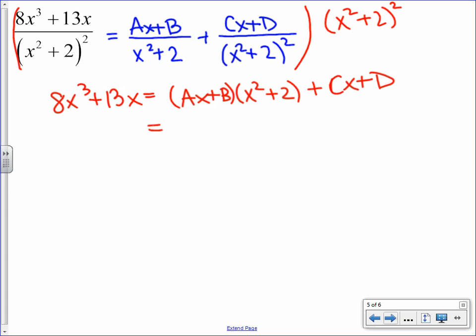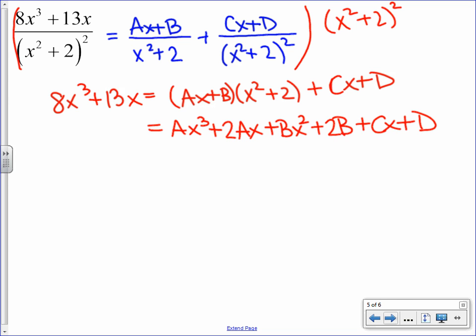So we get first AX, outside, 2, inside, last. Okay, so I'm just going to reorganize this, because I want to write my x cubes first, and then my x squareds, and then I have plus 2ax plus cx, and then I'm going to write plus 2b plus d.